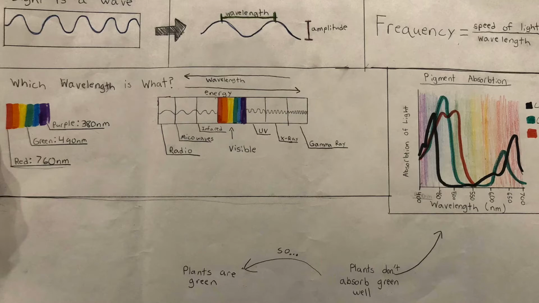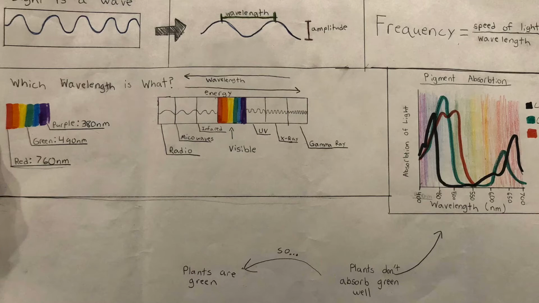Okay, so pigment absorption. Chlorophyll A, as you can see, absorbs a lot of the blues and a lot of the reds, but doesn't absorb a lot of the green, yellows, and oranges. While chlorophyll B gets a lot of blues, but gets none of the green, yellow, and orange, and gets a little bit of the red.